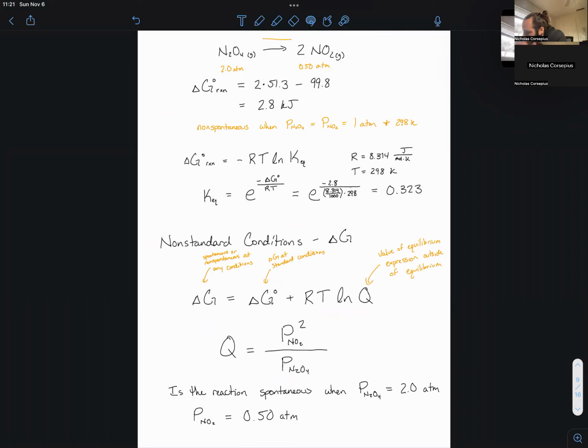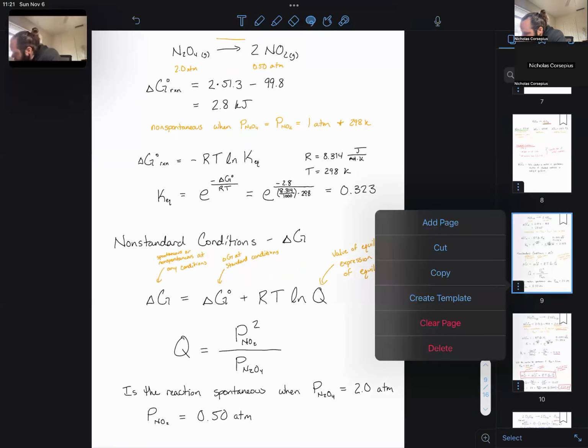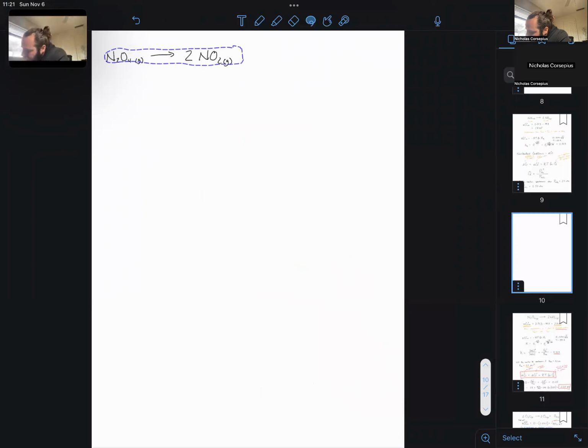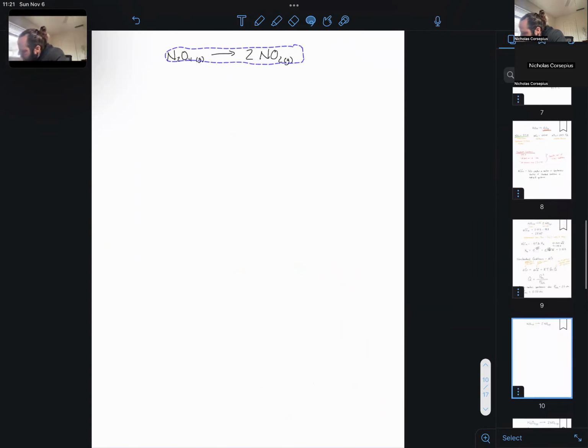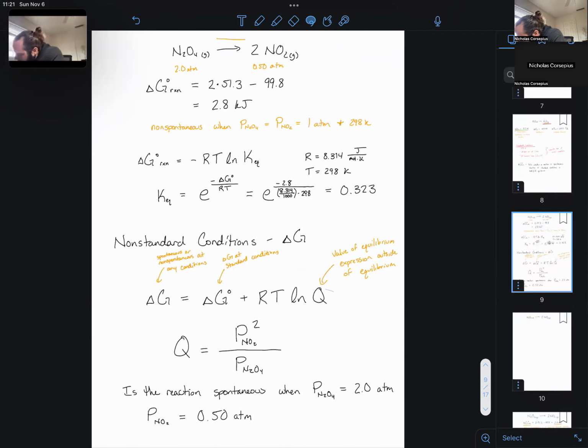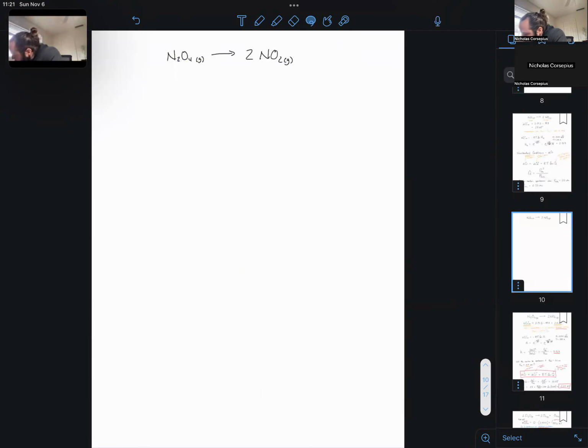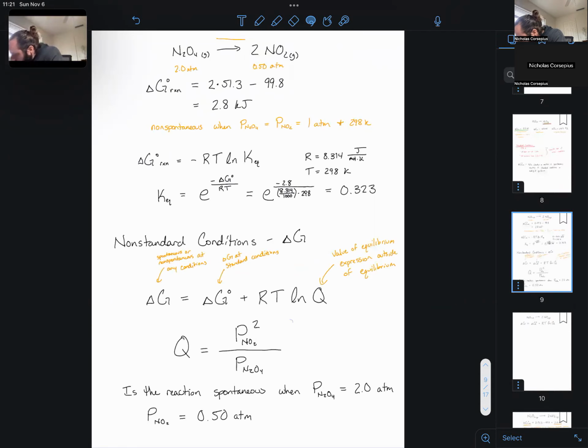All right, so I'm going to need some more room. Here's our expression for the delta G. This will tell us whether or not the reaction is spontaneous at our non-standard conditions.